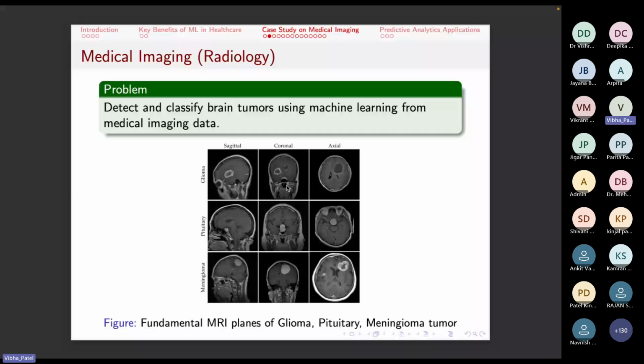It's not that a tumor detected in the category of pituitary or meningioma is non-cancerous, but it is less likely to be cancerous, so it's likely that they are benign. But glioma is expected to be more in the category of cancerous rather than non-cancerous.